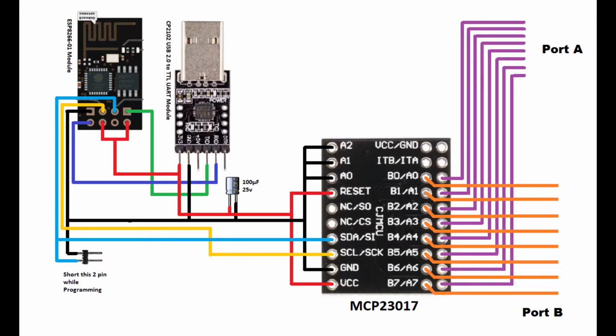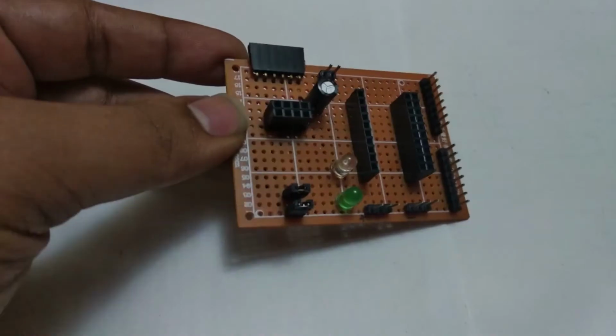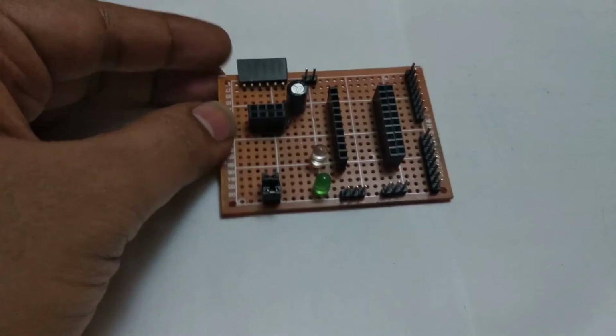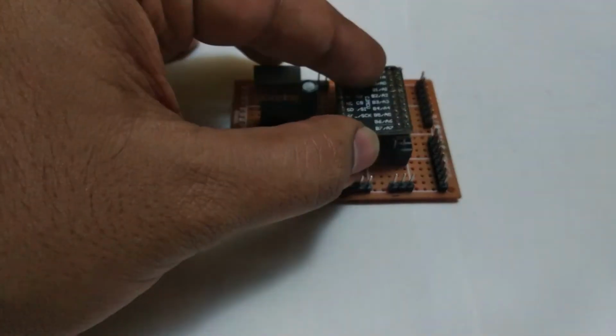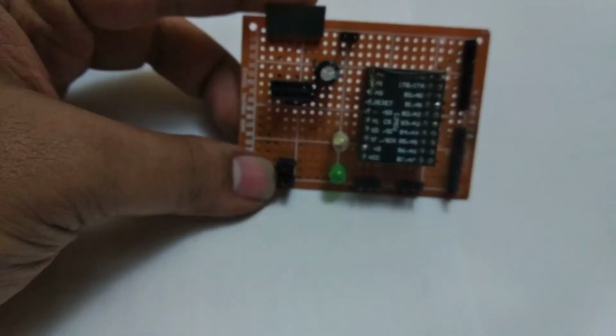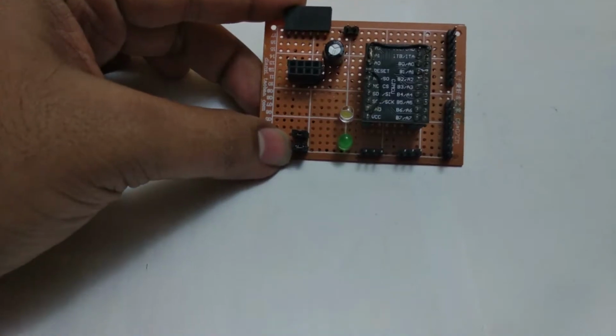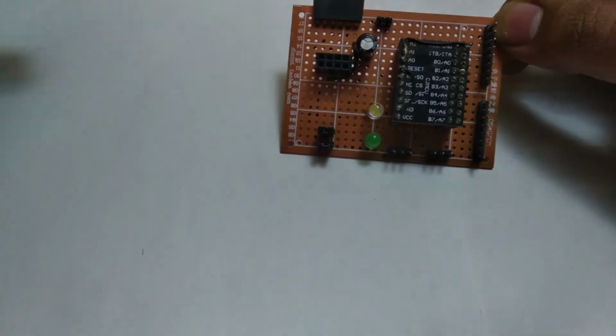This is the circuit diagram of our circuit. With the help of Zero PCB, I have built this circuit. Connect MCP23017 port expander. Now connect ESP8266.